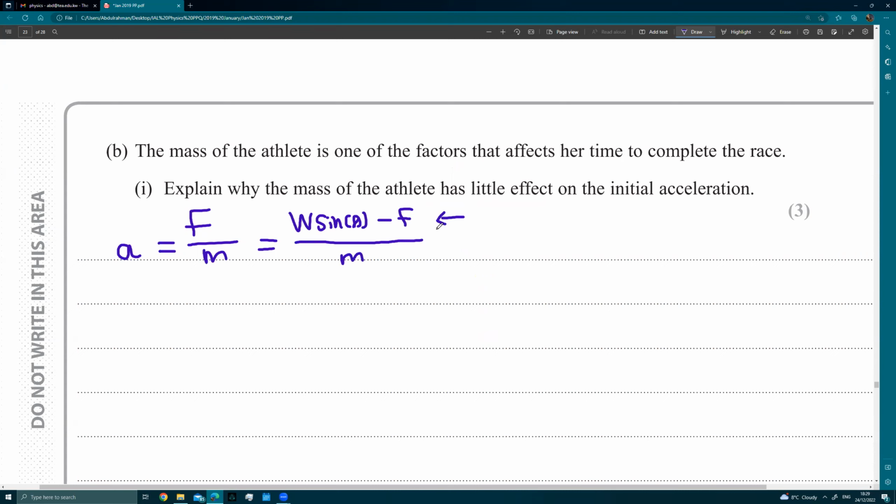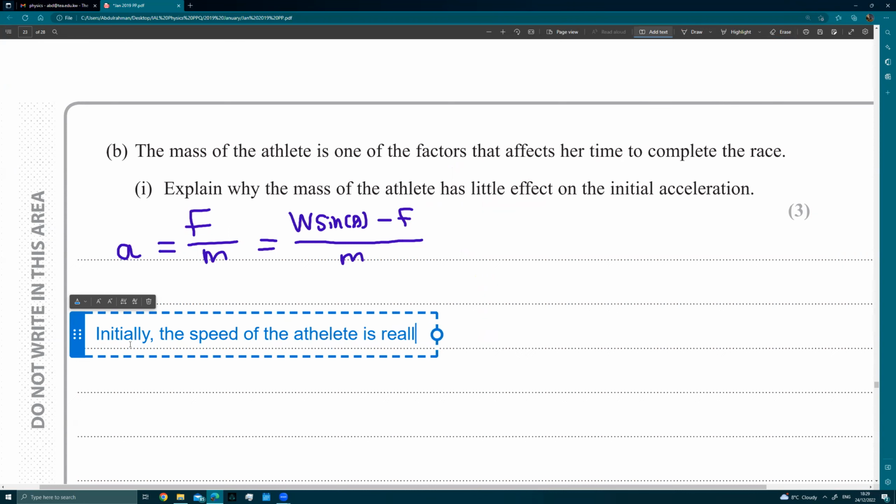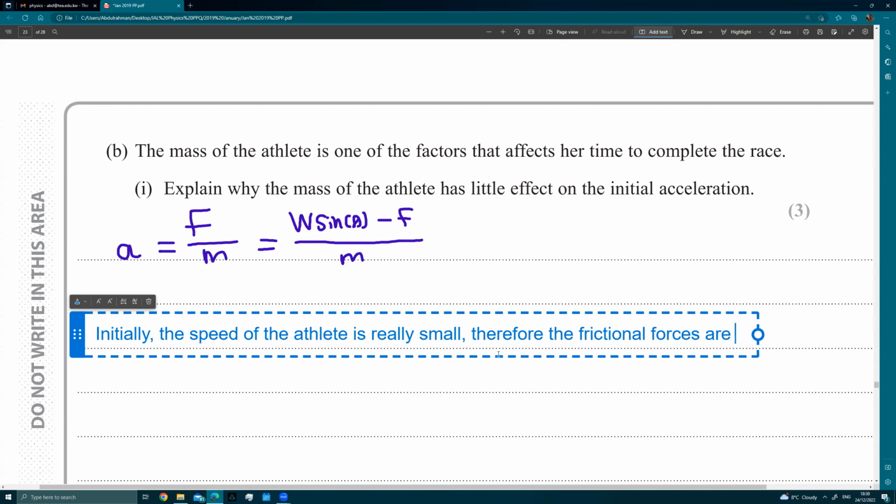So on top, I have the resultant force. Okay, now we're going to say that initially, the speed of the athlete is really small because he has just started accelerating from rest. Therefore, the frictional forces are ignored.